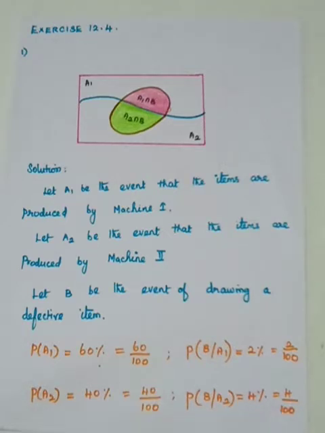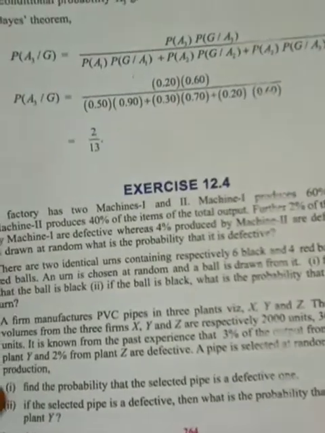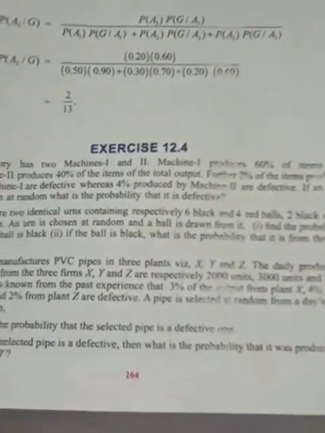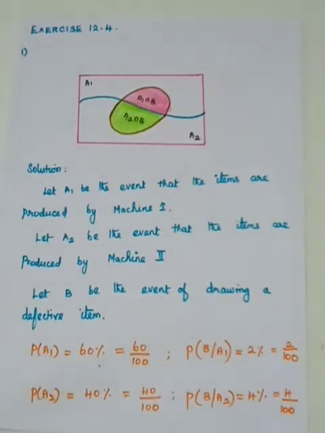Here what is asked is the probability of the chosen item being defective. An item is drawn at random, and only one item is taken, and we have to find the chance that the item is defective.